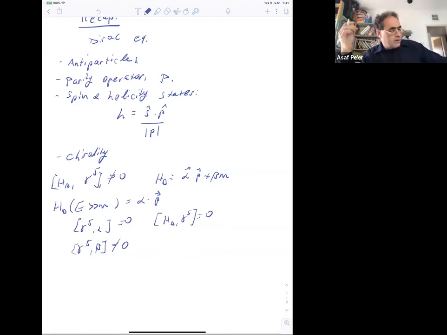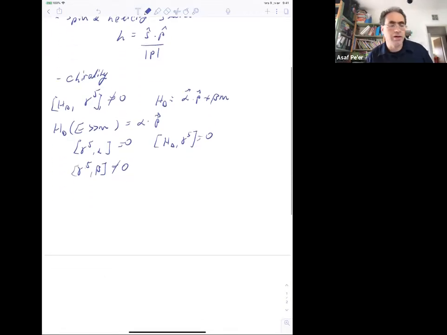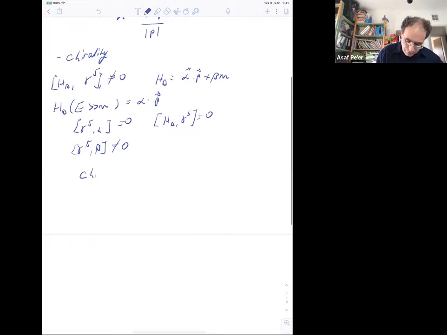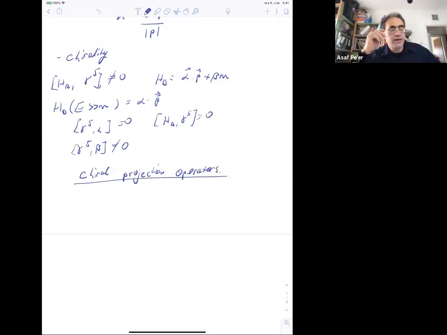And then the last point that I wanted to mention to you regarding the Dirac equation, actually I wrote some more, but I see we don't really have time, so I don't want to spend more time on that, is the chiral projection operator. Basically any general spinor that we have, we can decompose it into right and left-handed components of the chiral representation using the chiral projection operators, P_L and P_R.